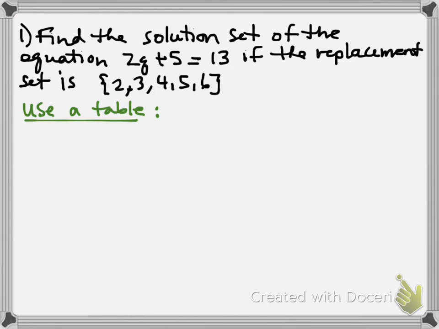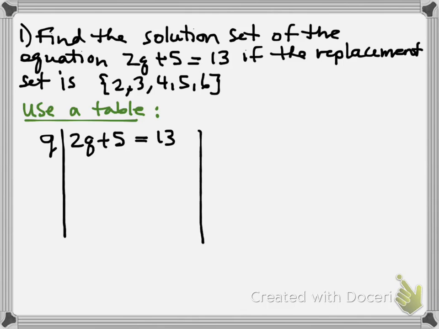These numbers 2, 3, 4, 5, 6 are the choices we're going to plug in for Q, so the first title of our chart is Q. Then we're going to put the equation in so we know what we're plugging the numbers into, and this column can be large so that you can show your work.